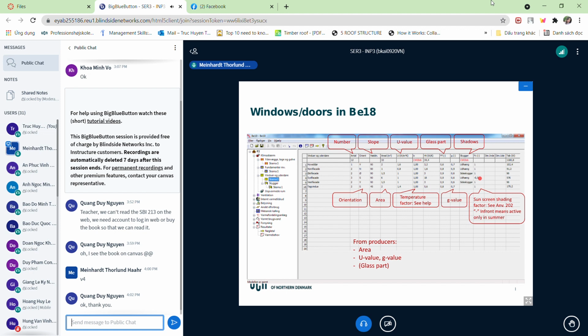Depending on whether we have internal, external, or inbuilt shading systems, and whether it is manually or automatically controlled, that also has an effect. All these factors we get from the producers or manufacturers.